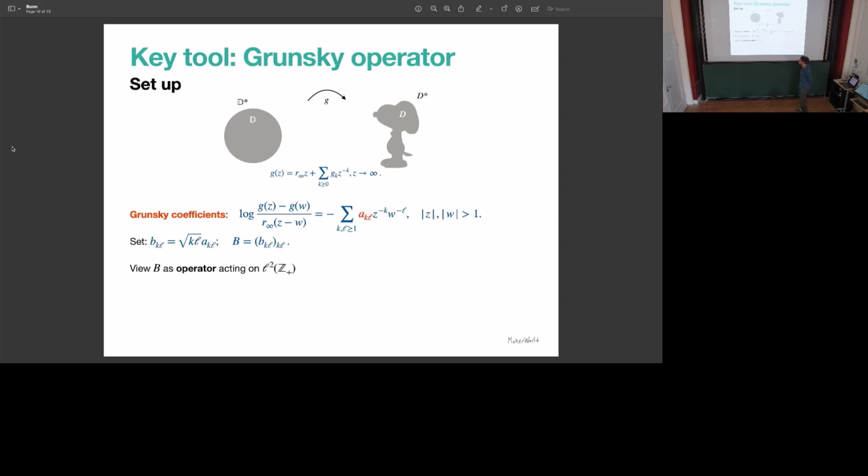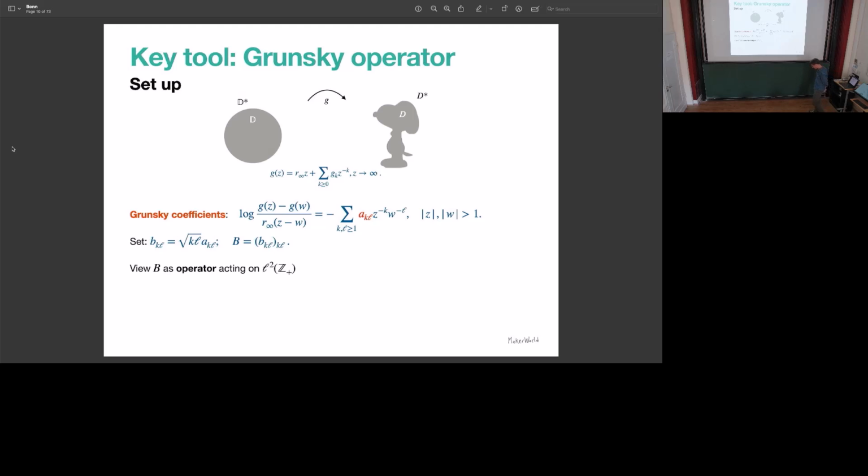But then I will do something a bit funny. I will think about this B. This turns out to be a good idea, to think of this as an operator acting on little L2. And the way it's doing this is just by formal matrix multiplication, in a very simple way. Okay, so why would you do this?